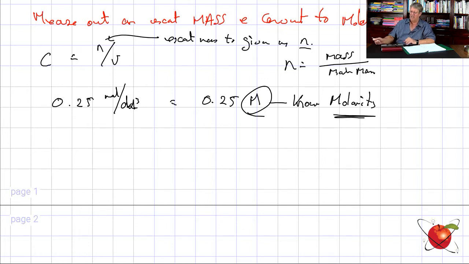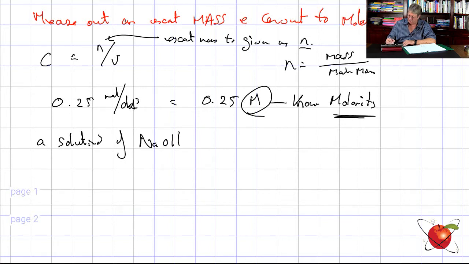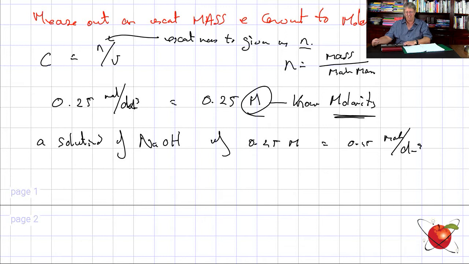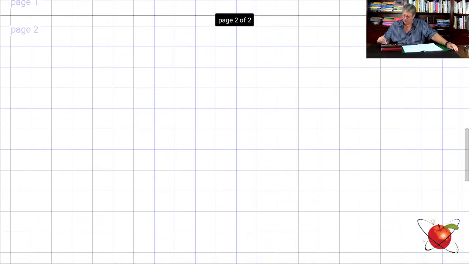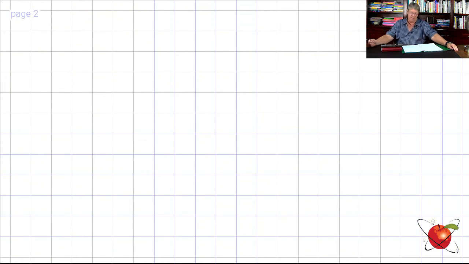Please note, molarity is an M. So if they talk about a solution of NaOH of 0.25 M, that means 0.25 moles per cubic decimeter. That's quite important. A lot of textbooks, and I've seen it actually in papers, use the M. It's the molarity. Or if they say with a molarity of 0.25, you know what that means.